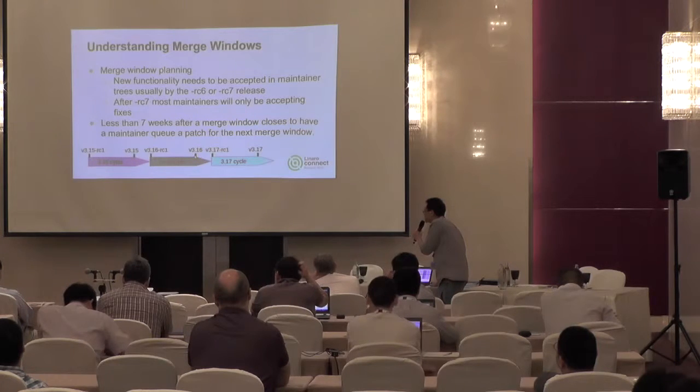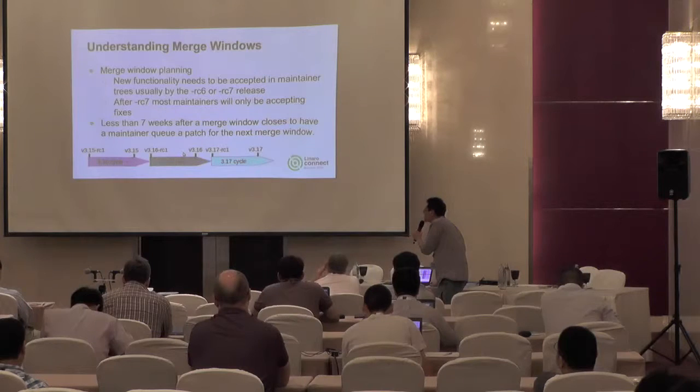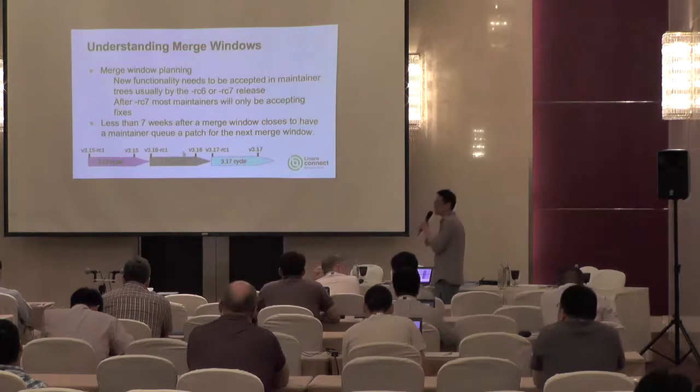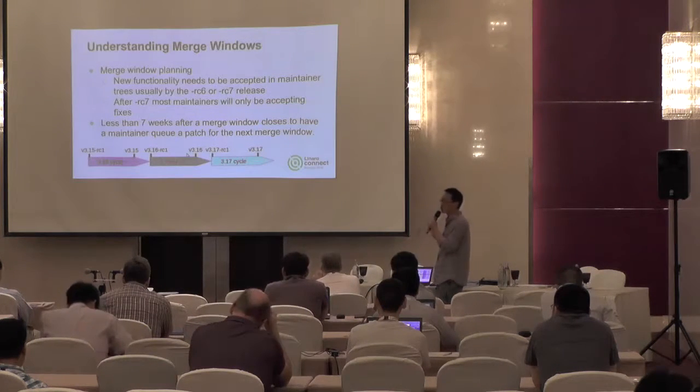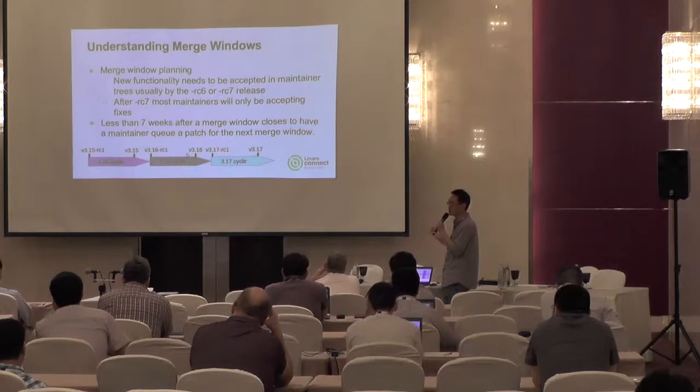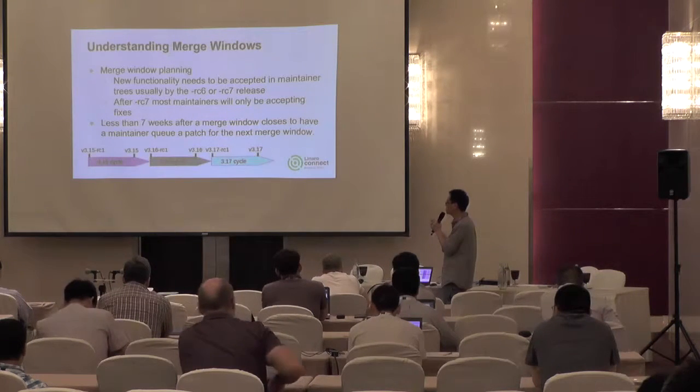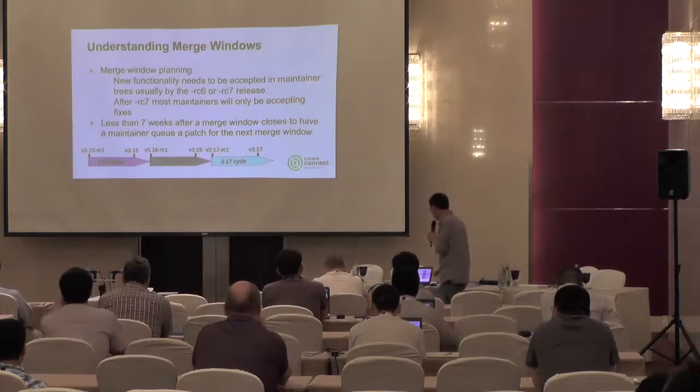But before the next merge window, the maintainers will usually stop merging new functionality patches before RC7. So there is still a period where the maintainers don't want to pick up more new functionality patches, which means they don't give you enough time to merge your new functionality driver.